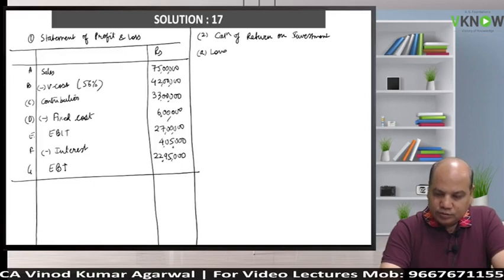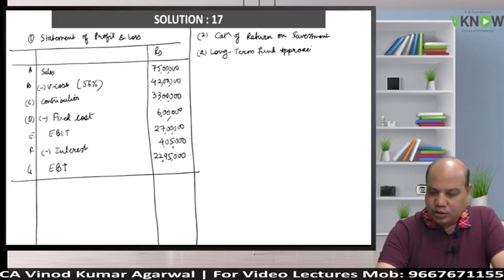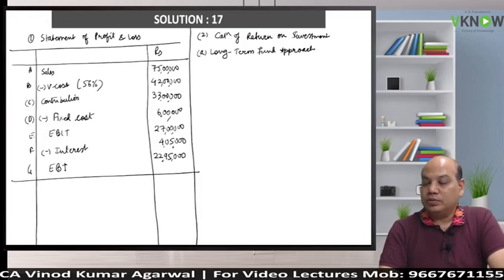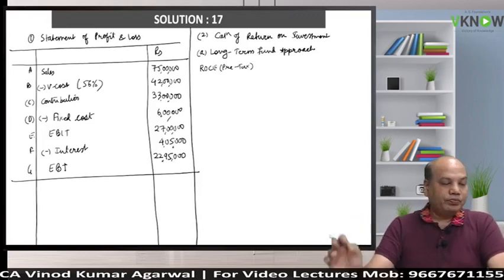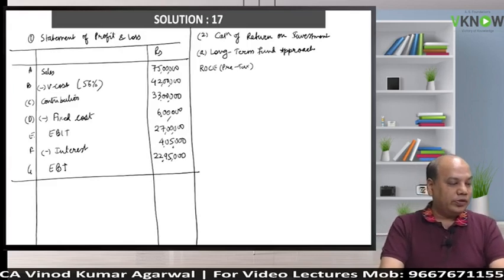One is called long term fund approach, means we will take equity shareholder fund plus debt fund also. And here we calculate what is called ROCE pre-tax. This will help us to check whether financial leverage is favorable or not.